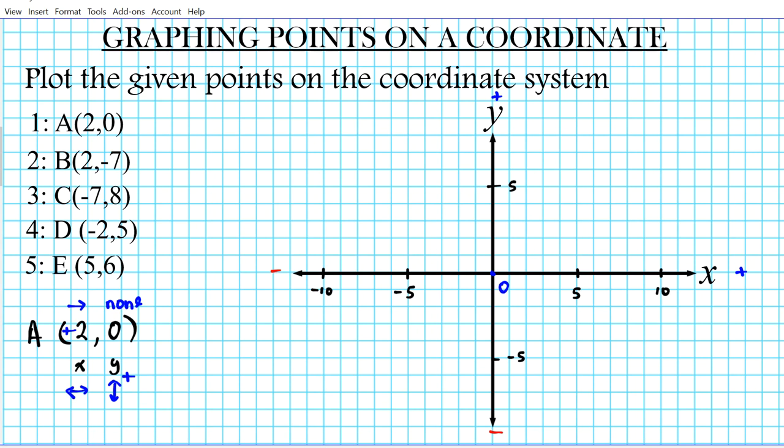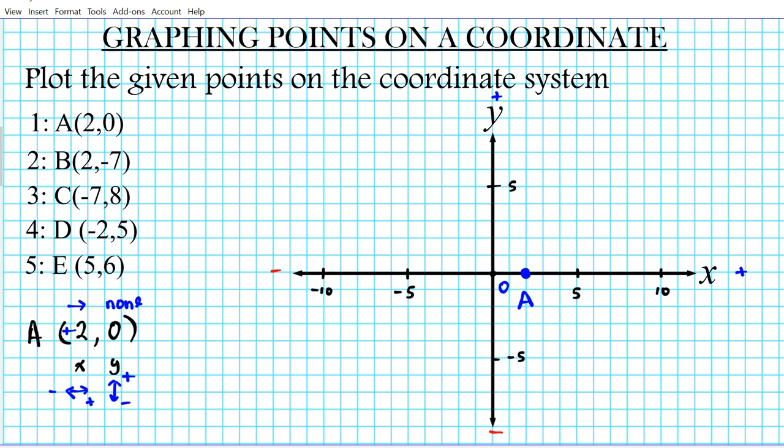Up is positive, down is negative in the y direction, and for x, negative is to the left and positive is to the right. You always start from the origin. We're going to go 2 units to the right, 1, 2, and there goes point A right there. Bam. That is point A on our coordinate system.